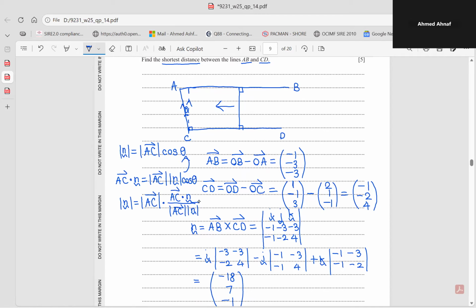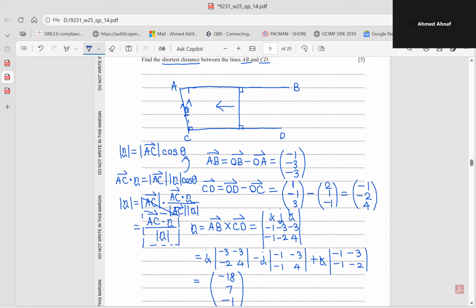So the magnitude of AC cancels out. Therefore you just get vector AC dotted with the normal, over the magnitude of the normal vector. This is the general expression we'll use to find our shortest distance, or the magnitude of the normal.